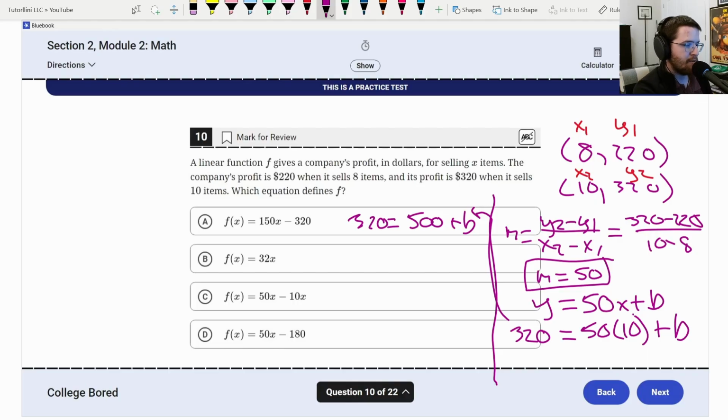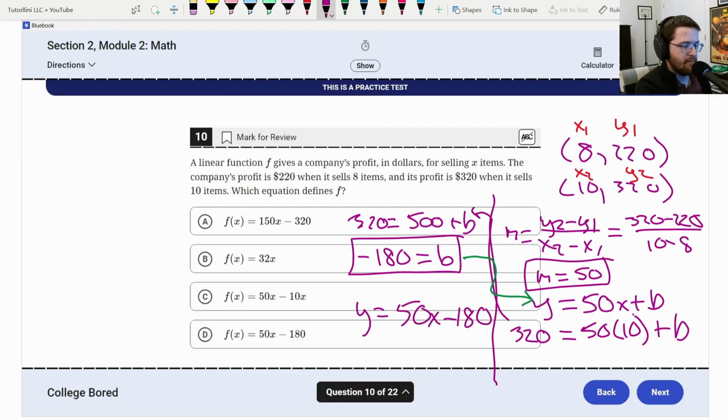If I subtract 500 from both sides, I get negative 180 equals b. Putting that back into our partial equation, y is equal to 50x minus 180. And that is answer choice D.